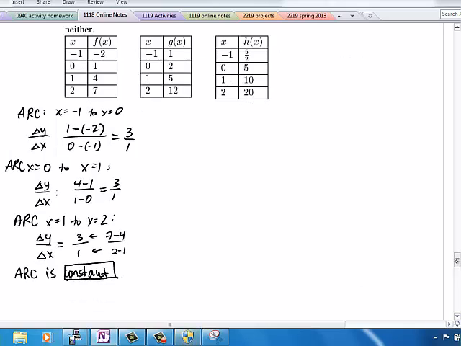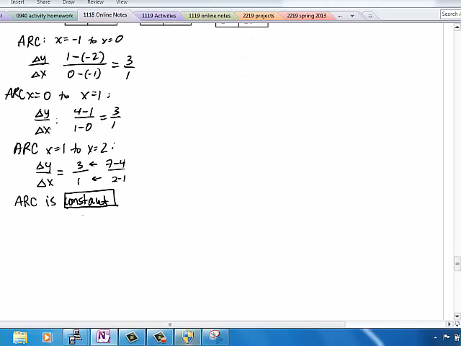Anytime we see that, what we have is a linear function. So anytime the average rate of change is constant, the function is linear.